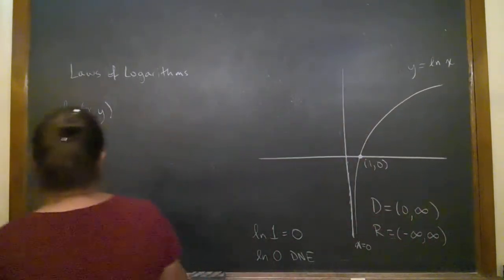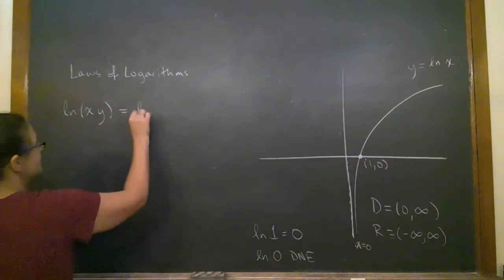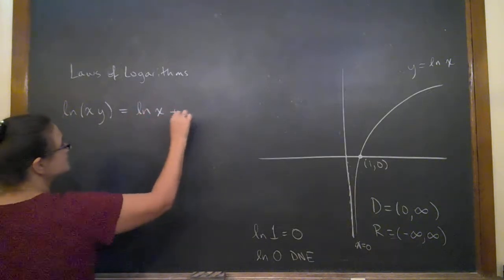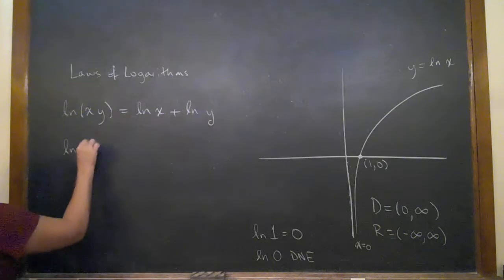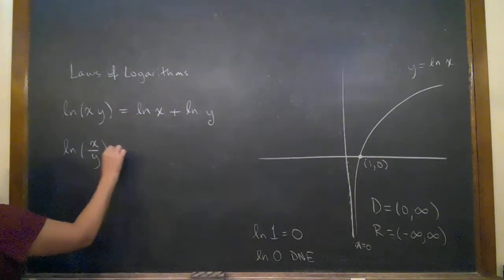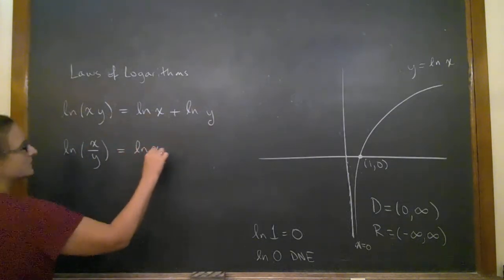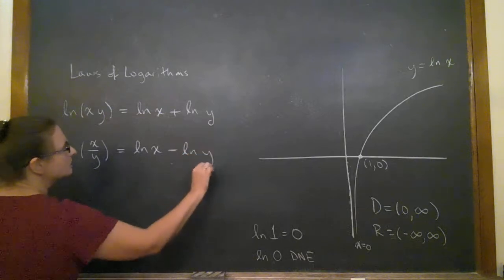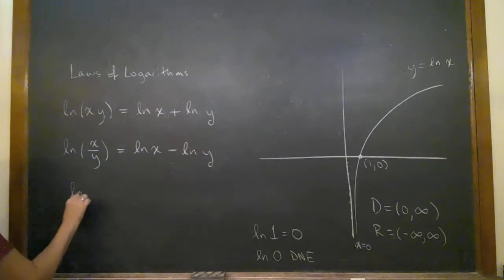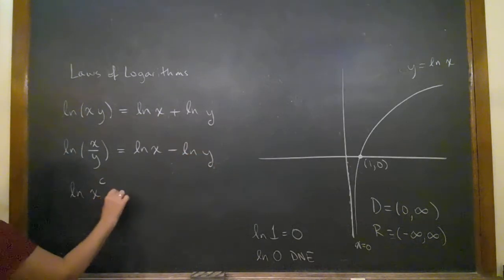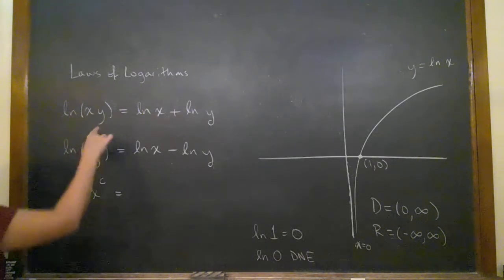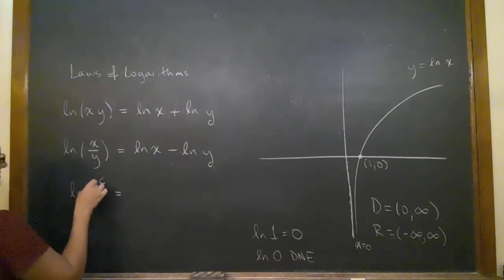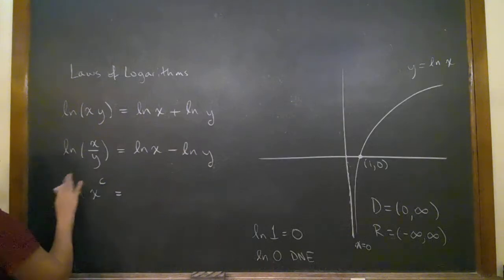So natural log of x times y is natural log of x plus natural log of y. Natural log of x over y is natural log of x minus natural log of y. And natural log of x to the c, you can pull the c down.